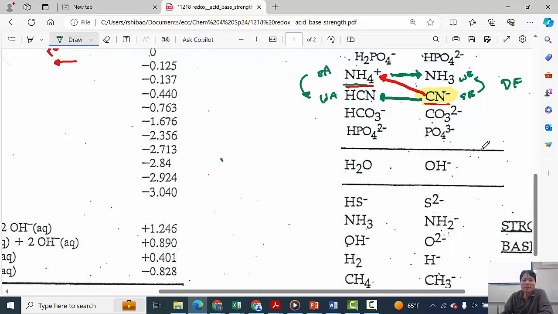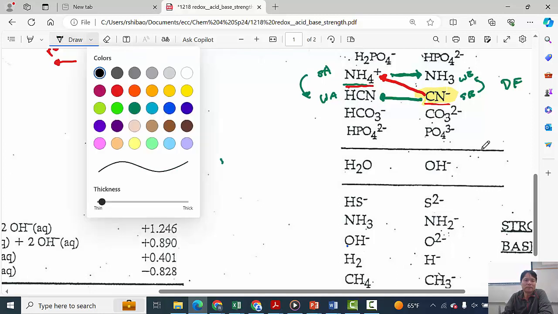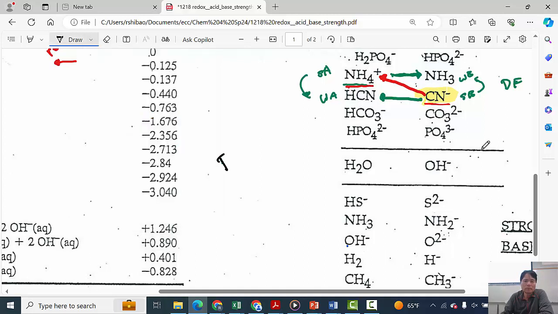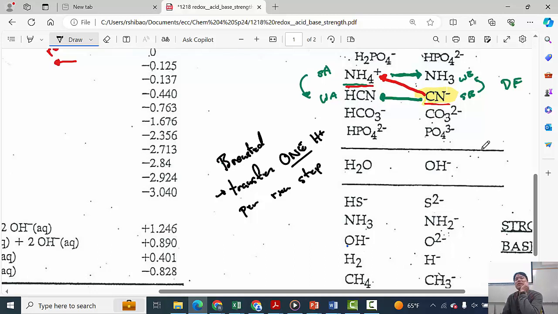When we do Bronsted reactions, we only transfer one H plus per reaction step.